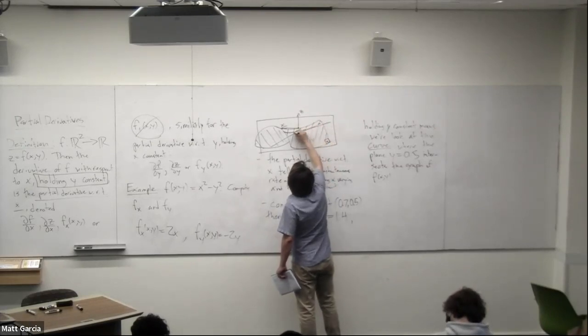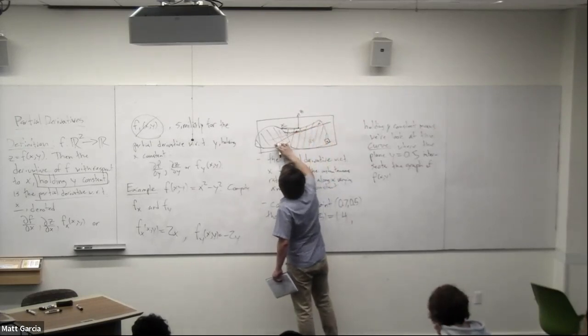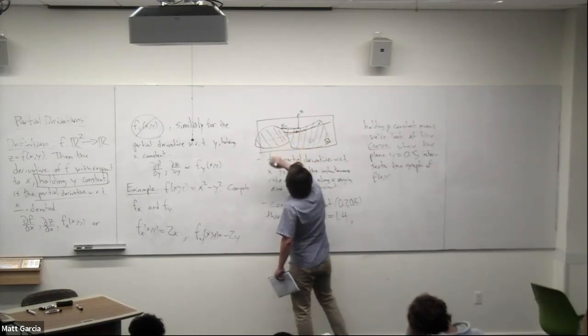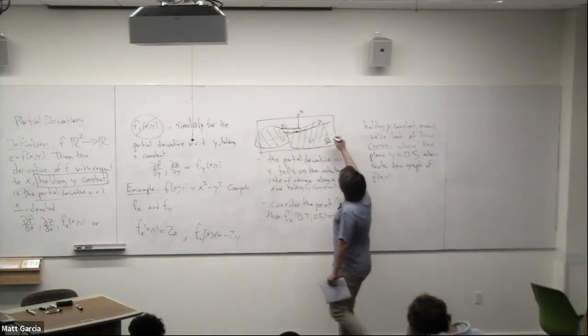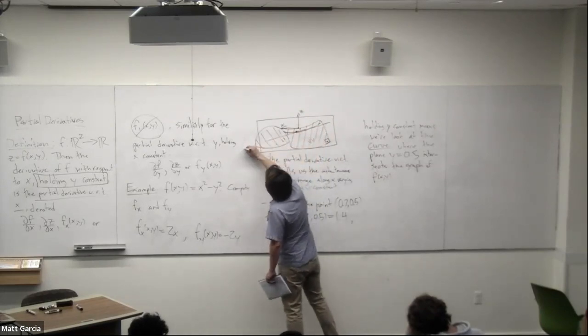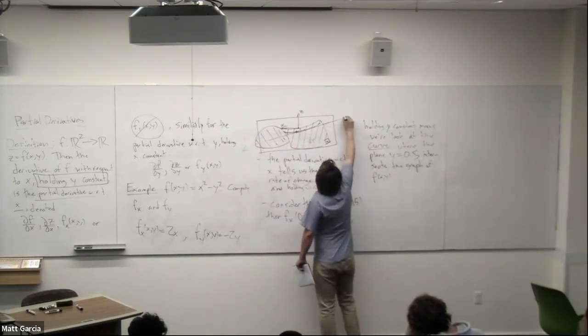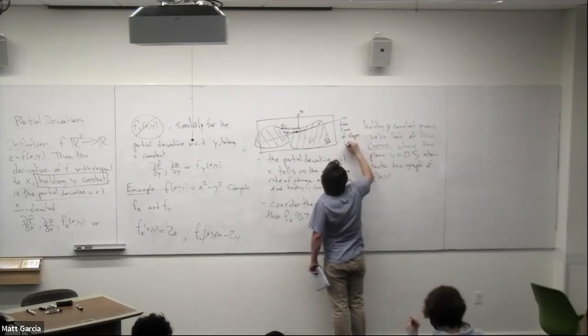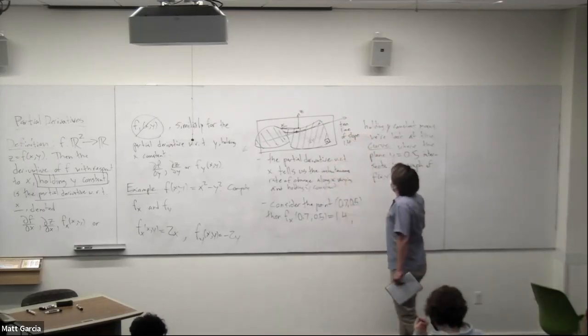How's that? That's slightly better. Tangent line slope 1.4.